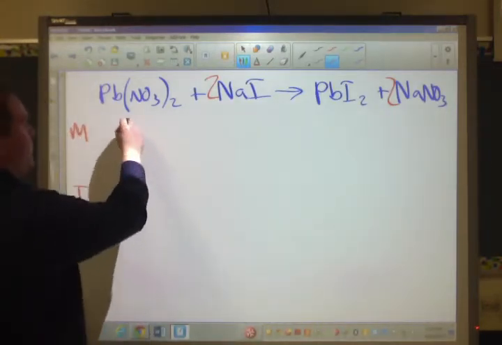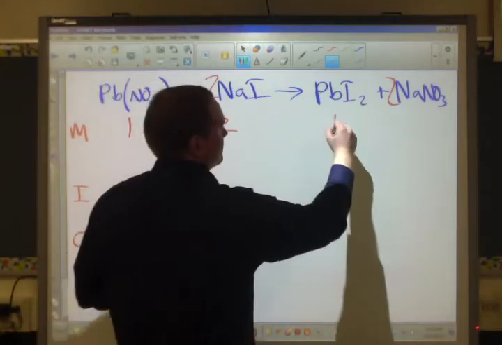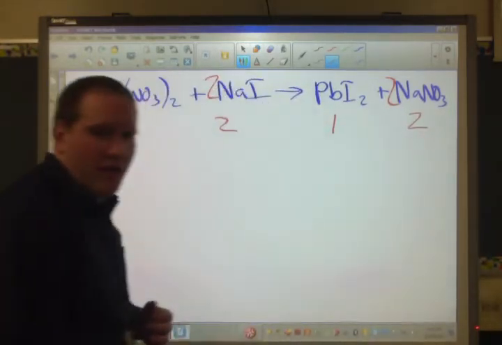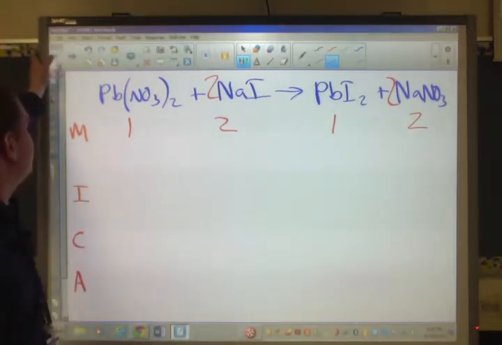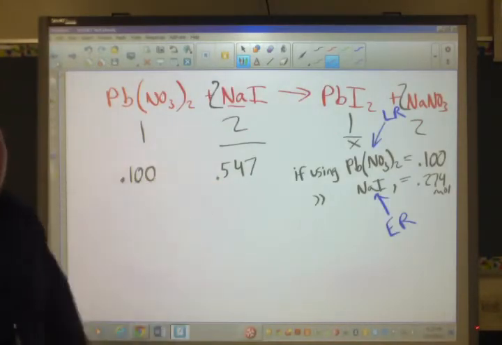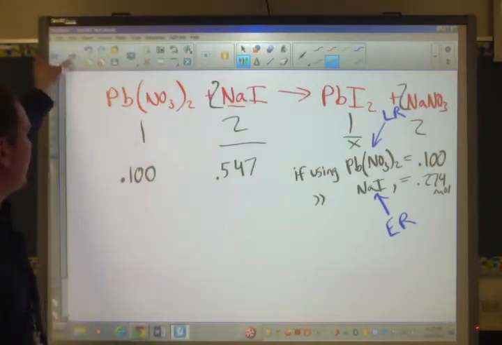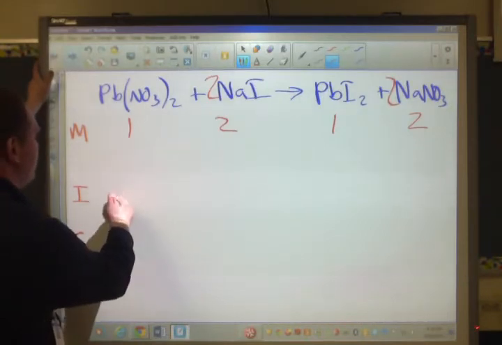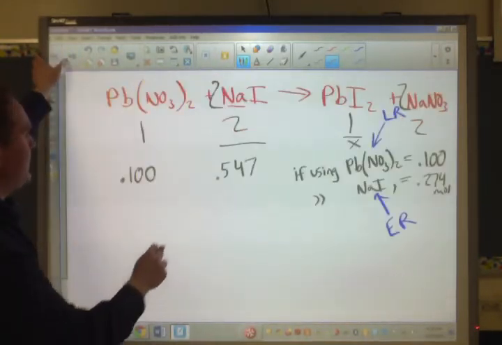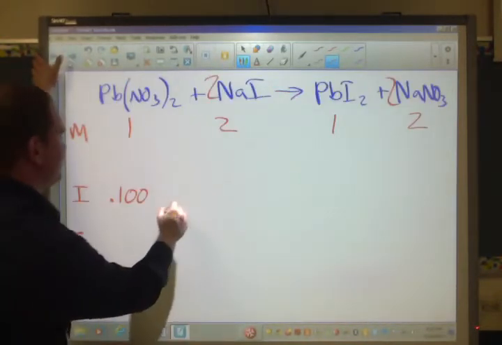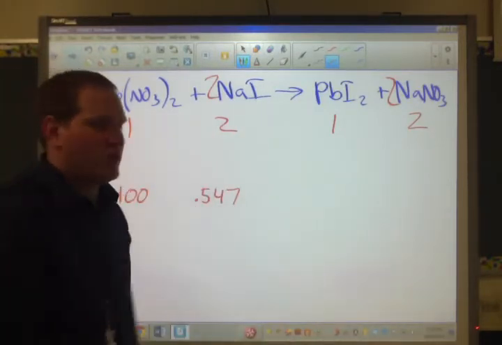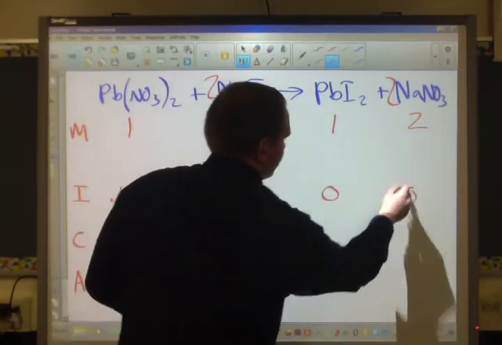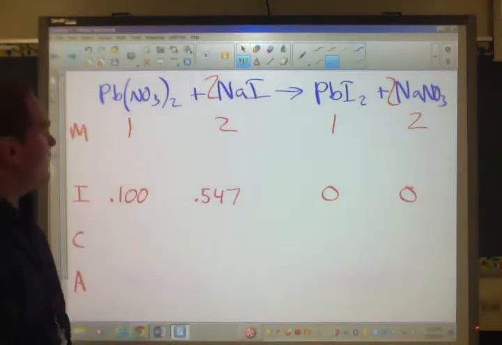My mole ratio is just copying down these coefficients. And now I'm going to plug in what I know. These are my initial amounts of my reactants. I'm going to copy them over to the table. 0.100 and 0.547. Okay. How much of these products do I have initially? 0. They're my products.